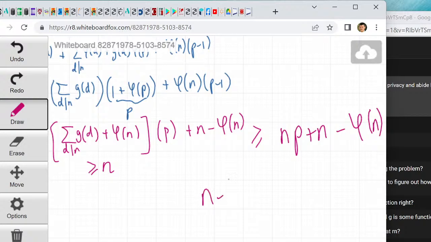And this means N minus phi N needs to be greater than or equal to 0, which it is. Phi is always less than N. So it's true when you add a prime.